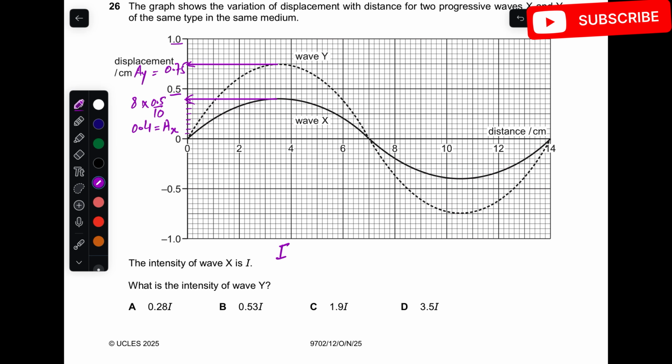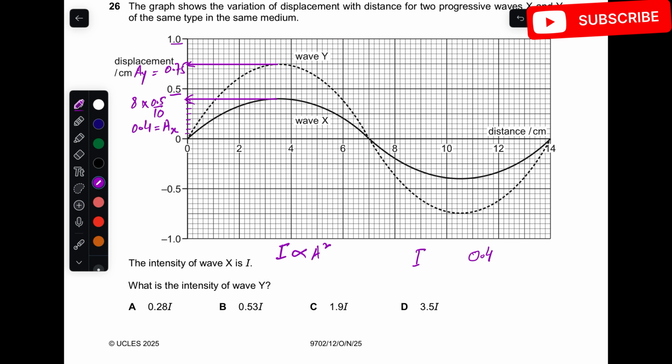Okay, so as we know, intensity is directly proportional to amplitude square, so we can use the ratio method. When the intensity is I, the amplitude was 0.4.